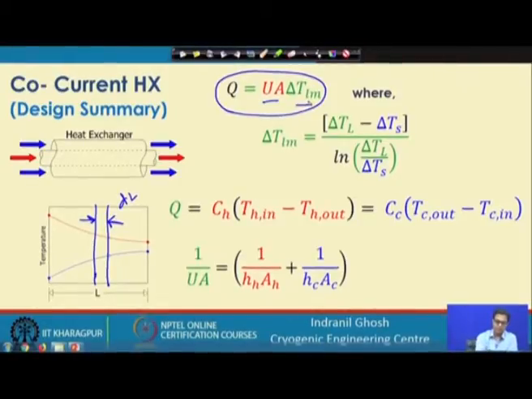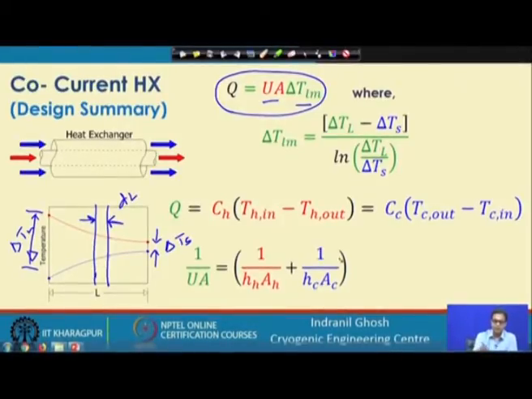This delta T m, in this case, we will have as delta T large on this side and delta T small on this side. Other things remain the same.